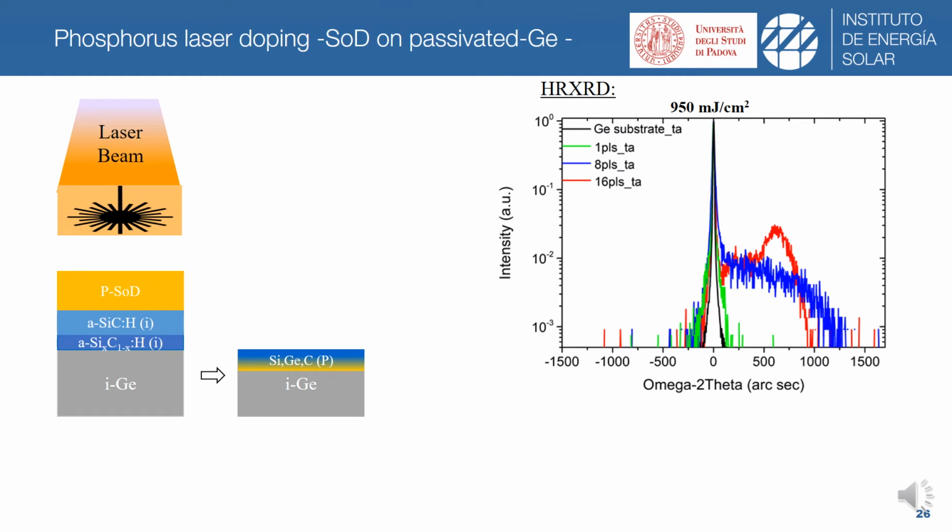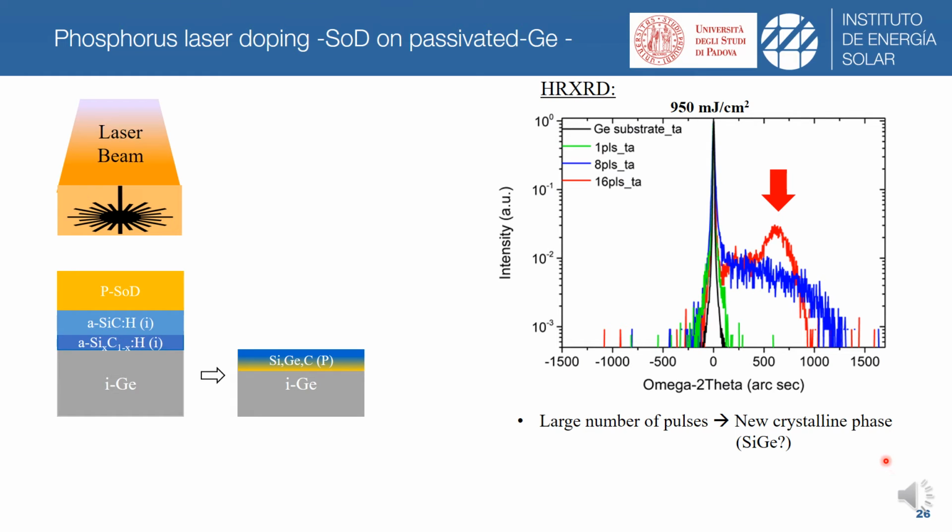In order to analyze laser-induced effects, we have analyzed the crystallinity of the samples by using high-resolution X-ray diffraction in the triple axis configuration. As you can see, for a large number of pulses, 8 or 16, we have detected a new crystalline phase whose out-of-plane parameter is smaller than germanium, which means that it is compatible with the formation of a silicon-germanium alloy.